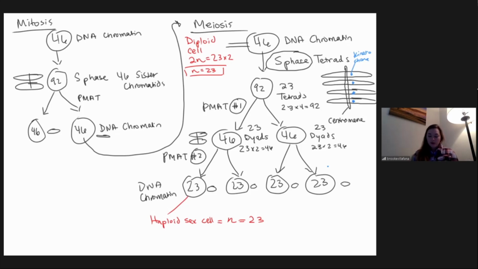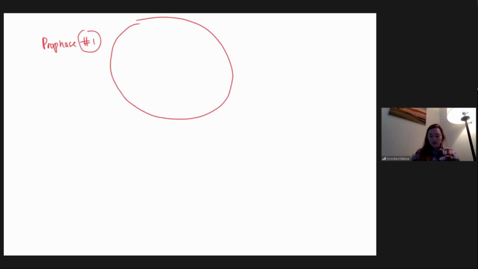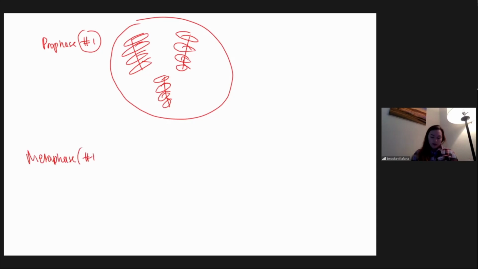So right now we're going to talk about PMAT number 1, okay? We talked about the S phase, and now we're talking about PMAT number 1. So for prophase number 1, we're going to have the cell, and then we're going to have these tetrads all over the cell, kind of at random, right? Each of them with a kinetochore and a centromere. And then for metaphase number 1, they're going to line up at the equator.